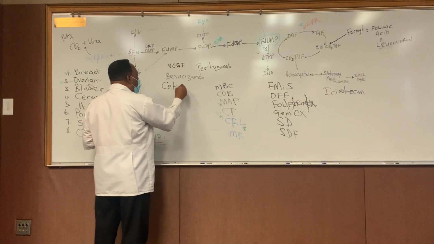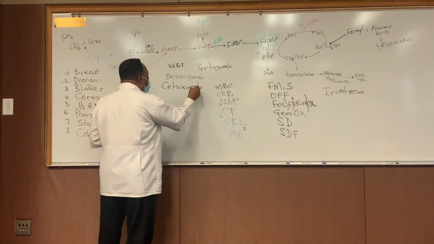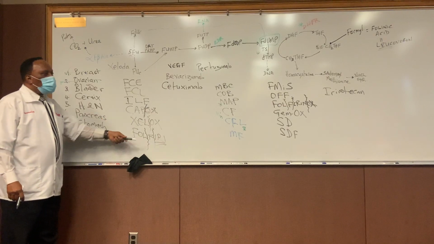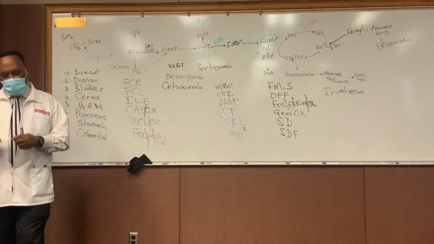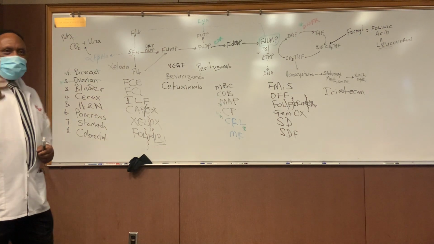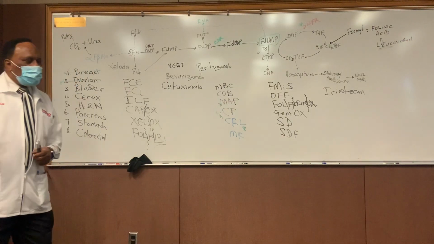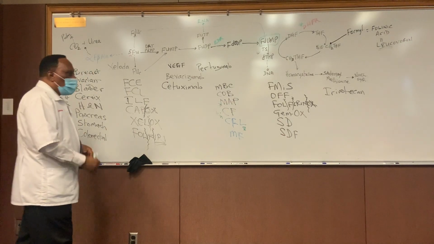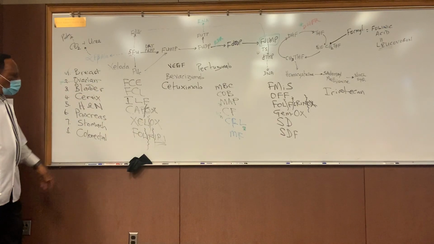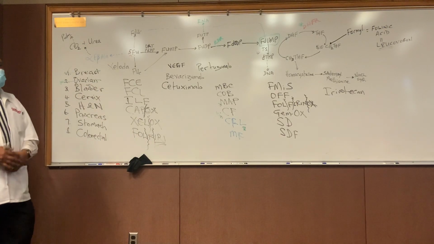Cetuximab is another agent that you can add to all these Capox, Zelox, or even folfiri. Cetuximab also has some angiogenetic effect. So all those are good for colorectal cancer.